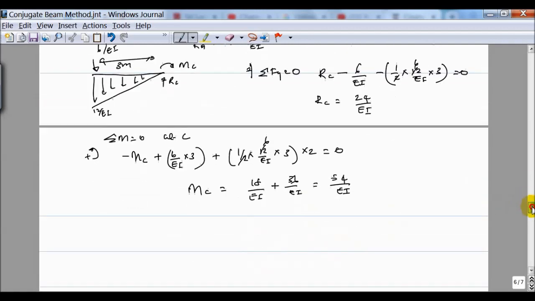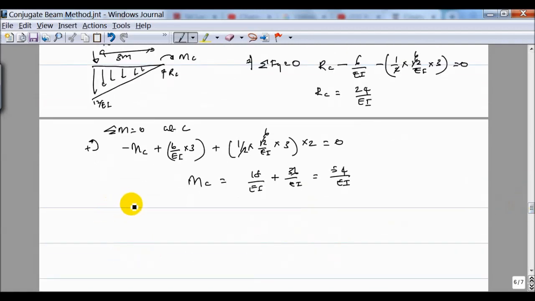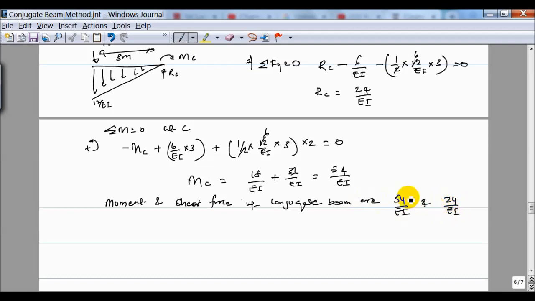So now these are the moment and shear force of the conjugate beam: 54 over EI for moment and 24 over EI for shear force. Shear force is equal to the reaction at the support.